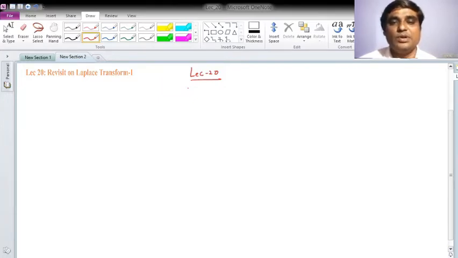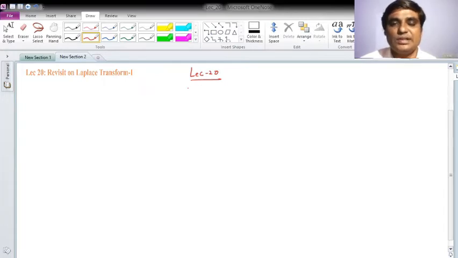It is because, generally, if I analyze the circuit in the time domain, it may happen that some of the information I may not be able to reveal, right? So in order to extract more information from the circuit, it will be better for me to go into the transformation domain.